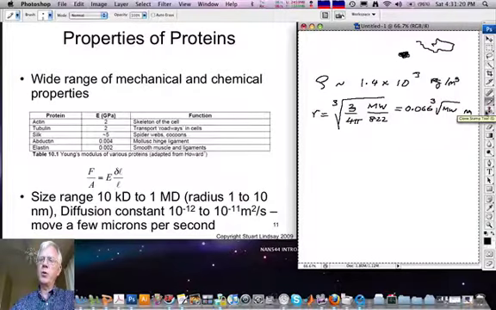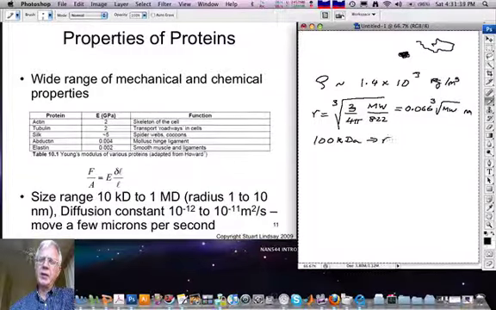So for those of you who want to do atomic force microscopy, you can calculate the expected radius of an image using this formula. To give you a specific example, a typical protein may have a molecular weight of 100 kilodaltons, and this then would lead to a radius of 3 nanometers.